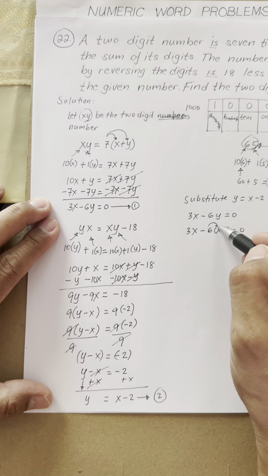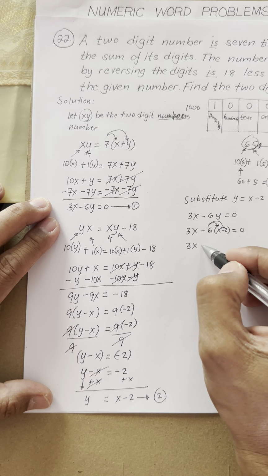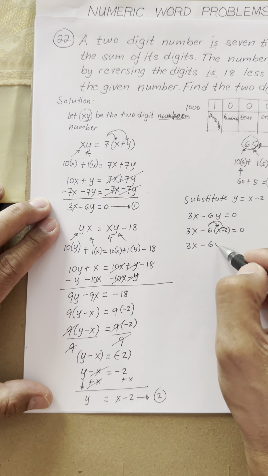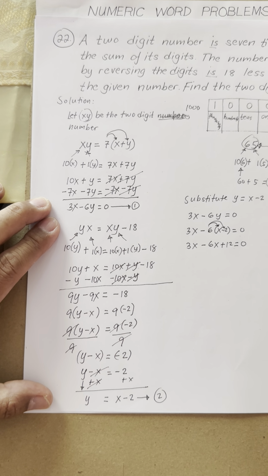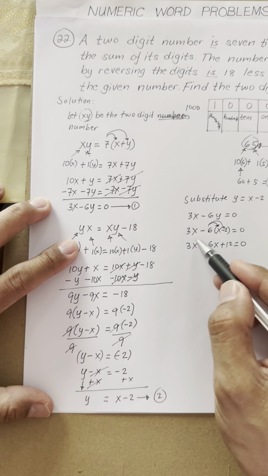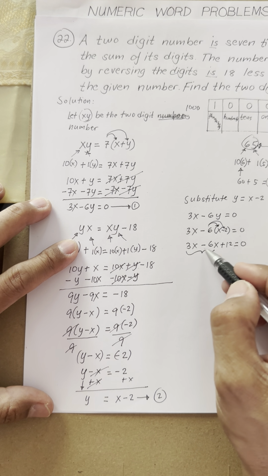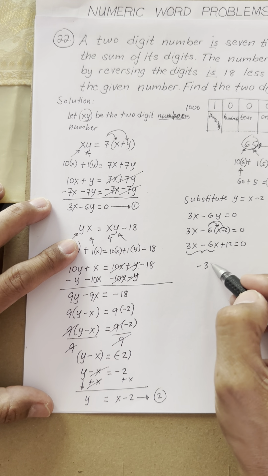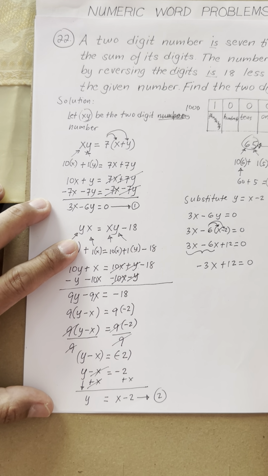So applying the distributive property of multiplication, 3x minus 6x, then minus times minus, positive 12, equal to 0. Combining similar terms, when you combine these two, this is minus 3x plus 12 equal to 0.